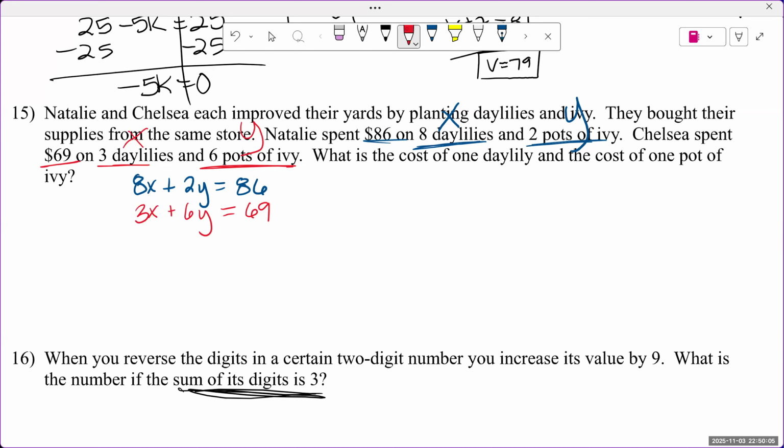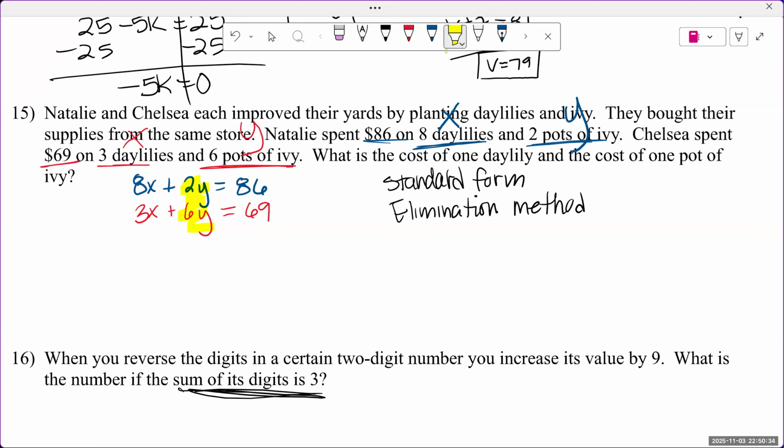Okay, so we have 2 equations in standard form. So we are going to use the elimination method. So choose a variable that we want to cancel.